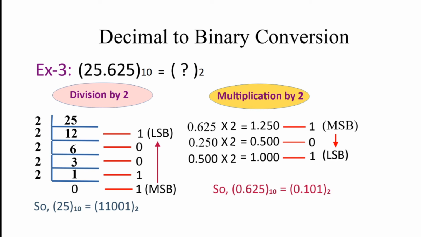So the binary equivalent of 0.625 will be 0.101. Now combining these two, we will get 11001.101, which is the binary equivalent of 25.625.